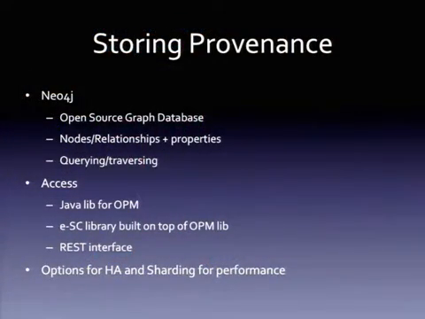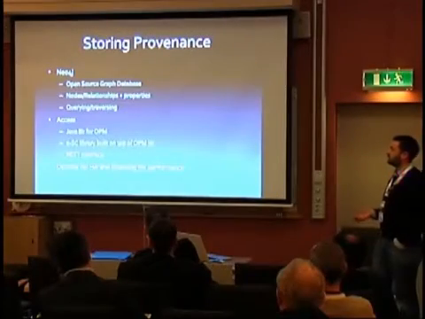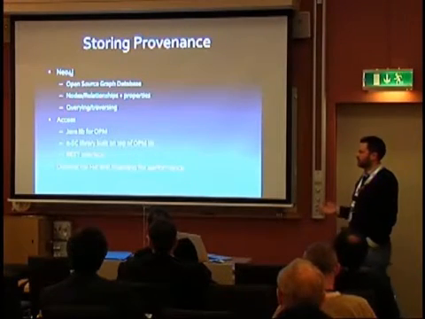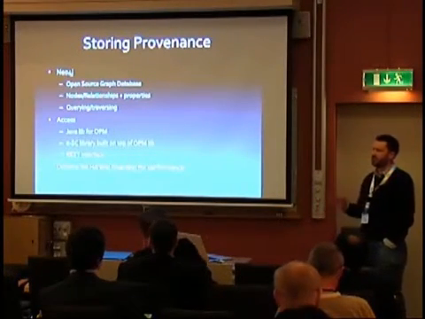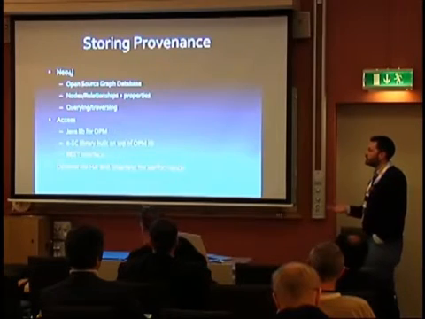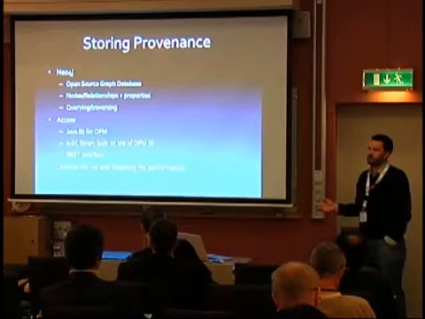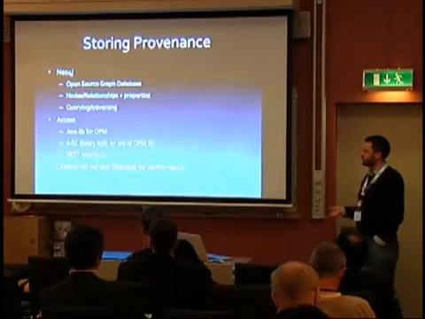The way that we capture provenance, or the way that we store it, is in a graph database called Neo4j. The reason we do that is that a provenance trace is inherently a graph structure, and so storing it in a database that is intended for graphs seems like a good idea.